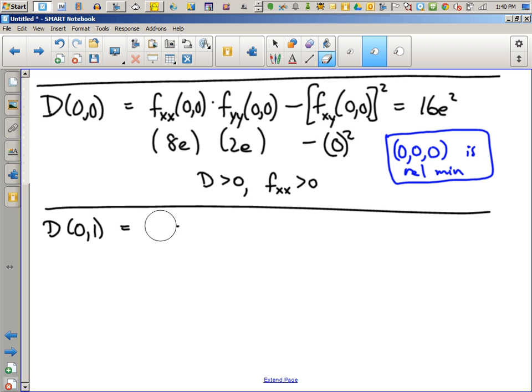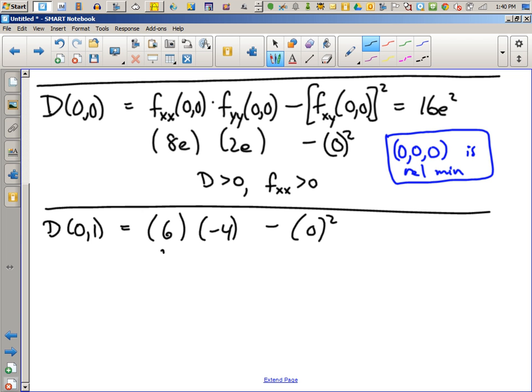Well, I'll show you just the work itself. I got 6 times negative 4 minus 0 squared. So this is your fxx, and the final result is negative 24. Now d came out negative this time, negative 24. But fxx was 6, positive, right? Yes, it's a saddle point, that's right.